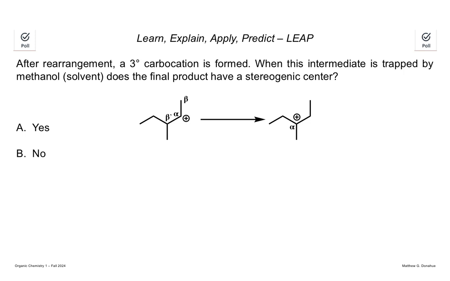It might look like it just by how sort of weirdly it's drawn. So again, that's getting trapped by OCH3, and the reason it's not is because you have ethyl and ethyl both bonded to that carbon. So don't let this bond rotation fool you into thinking that it's a stereogenic center when it's not.